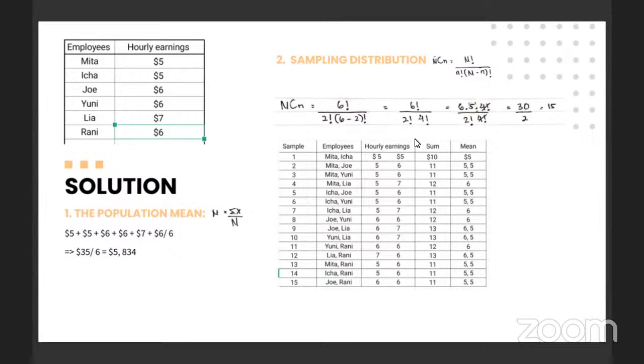The second one is the sampling distribution using the formula.